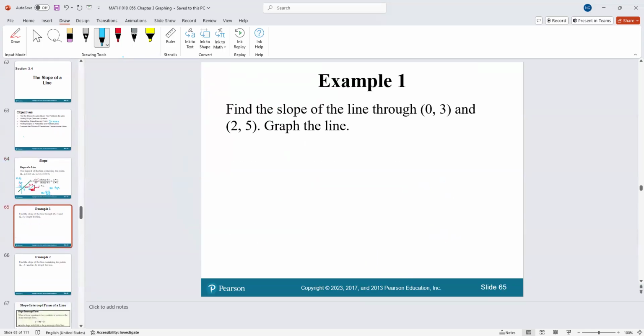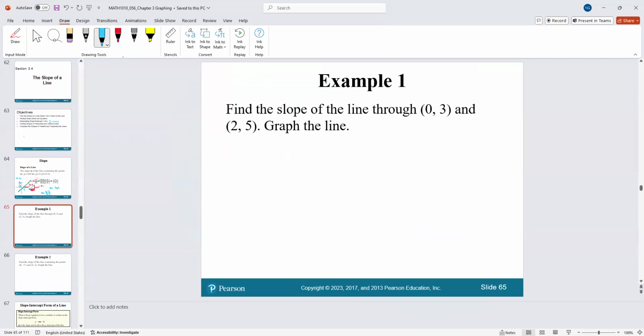All right. Let's see very quickly an example: find the slope of the line through (0, 3) and (2, 5) and graph the line. The first thing to do in this case is to use the slope formula because we have 2 points.